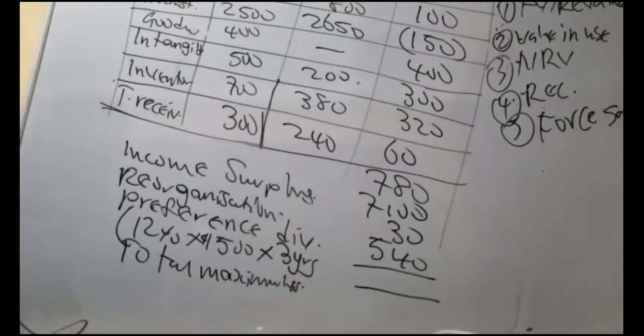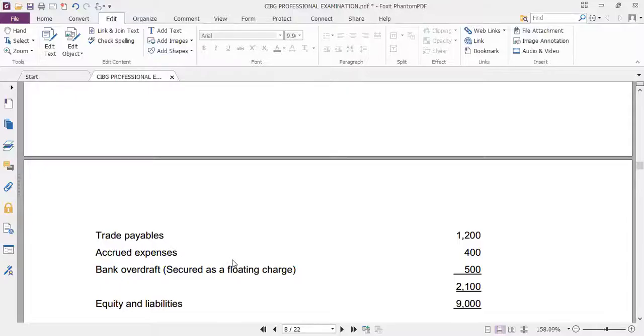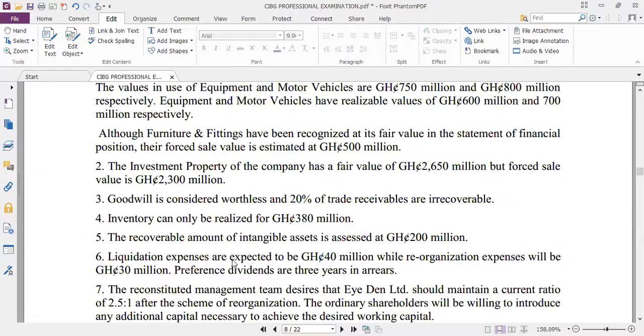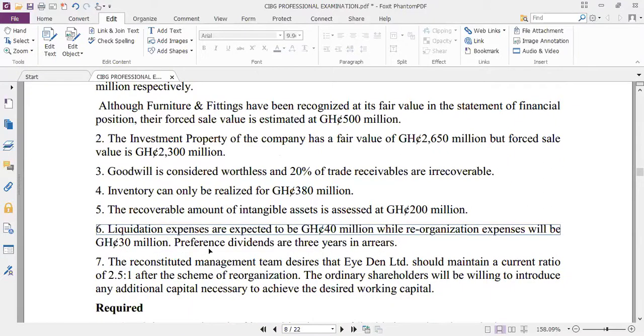I like that. Where did you get the 3 years from? Good. The 3 years is in the footnotes. Last but one, it says in the latter part of note 6 that preference dividends are 3 years in arrears.